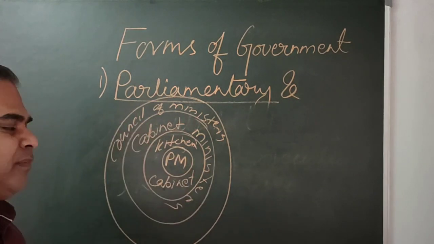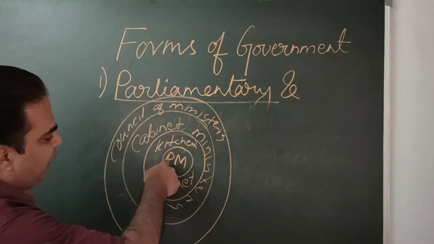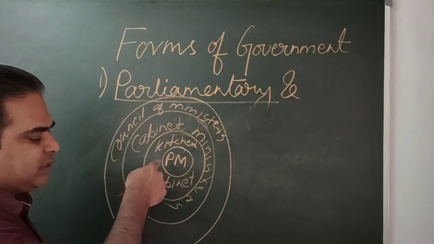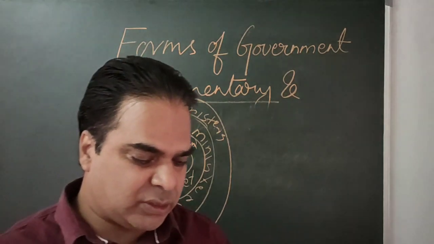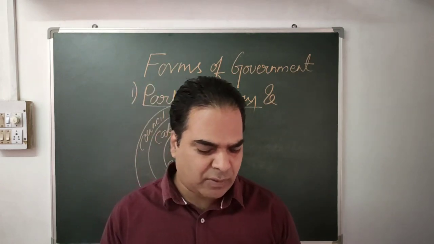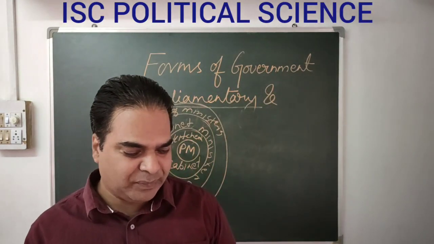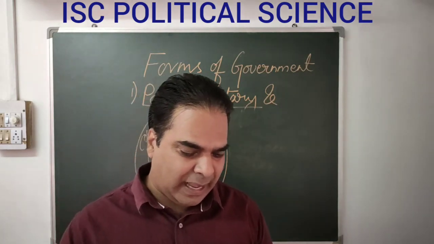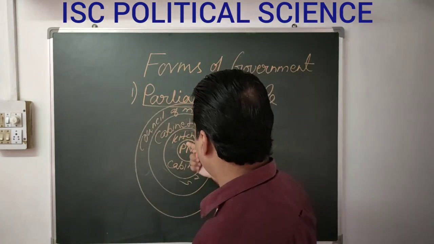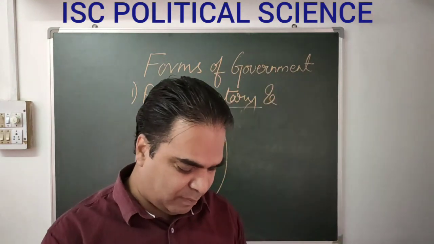All the categories of ministers come under the Council of Ministers. So this is the wheel within the wheel. This is all about the second important feature of the parliamentary form of government: the kitchen cabinet, then the cabinet, then the Council of Ministers.